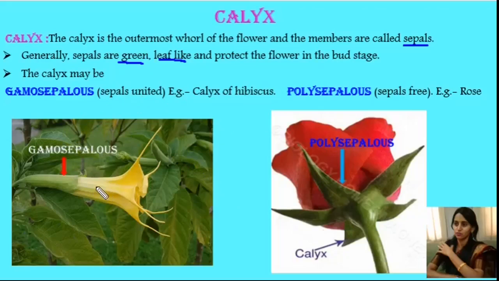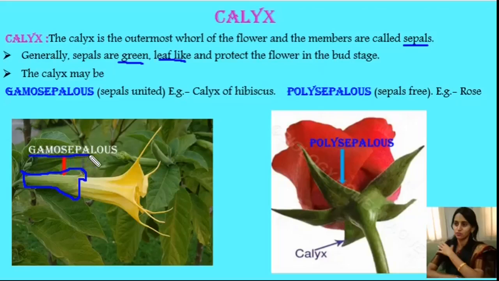Look at this flower. This is the calyx here, the green part of this flower. In this calyx, the sepals are fused. When the sepals are fused or united, that condition is known as gamosepalous.